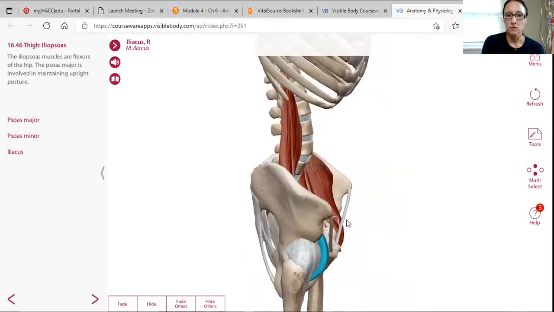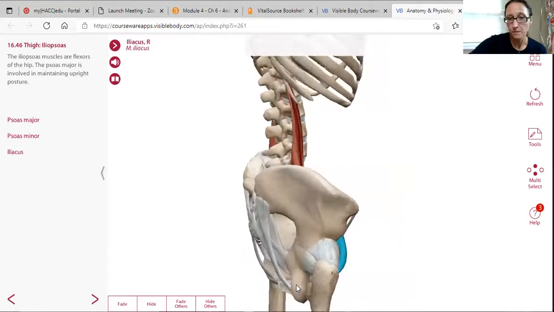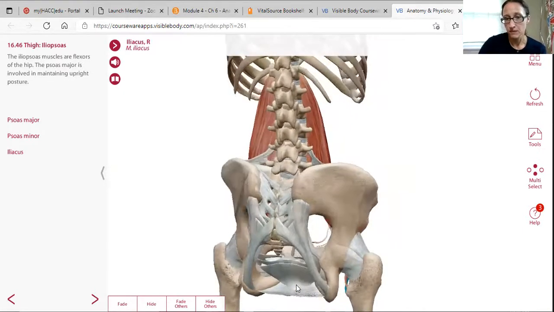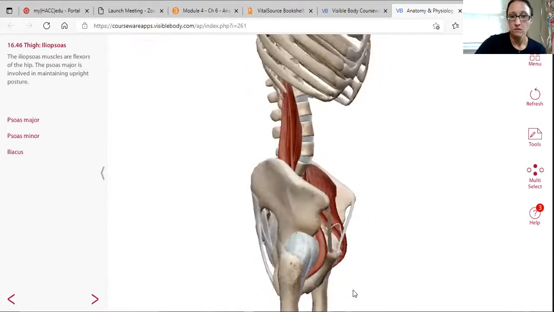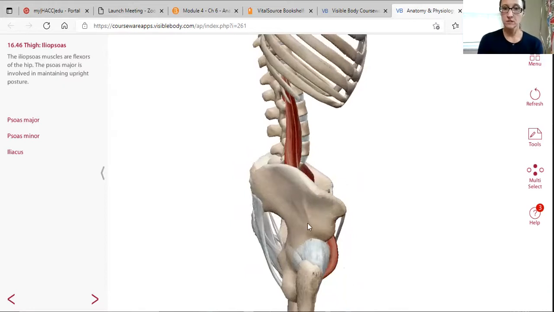Okay, so you see, because it's highlighted now, how iliopsoas wraps down around the pelvis and then back to the lesser trochanter of the femur. Remember, the lesser trochanter is posterior. So if these muscles are producing, if the origin is fixed, then the greater trochanter is going to move up into hip flexion.